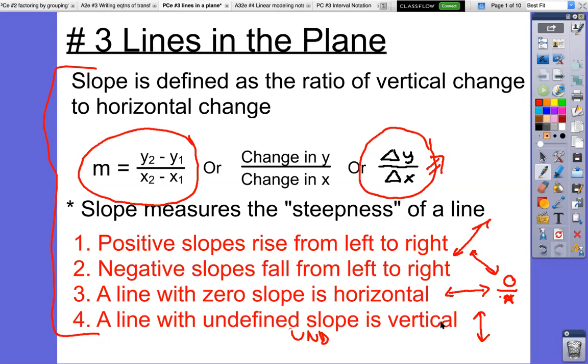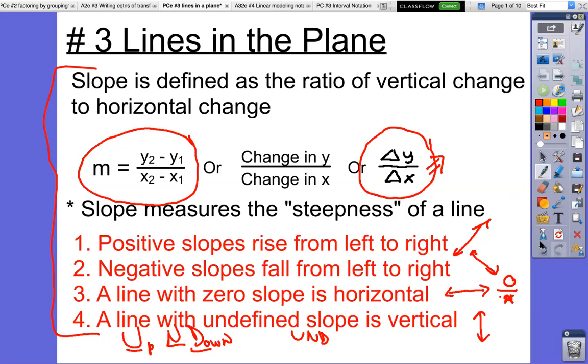It might just be one more plate attempt, but there has to be some change. So if it ever goes straight up and down, it's undefined. How do you remember that? Because up and down is undefined. Questions?